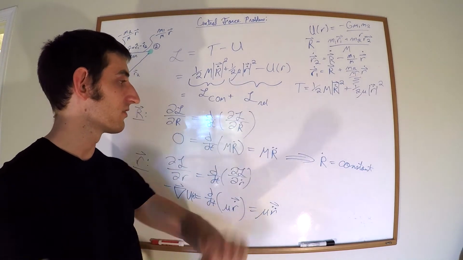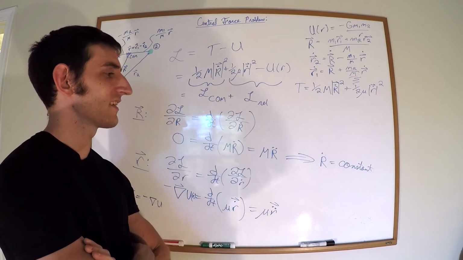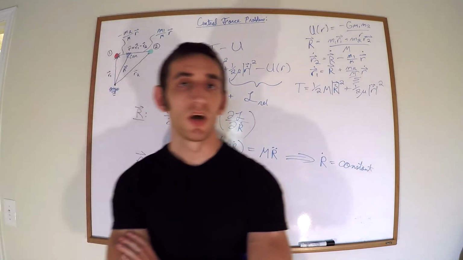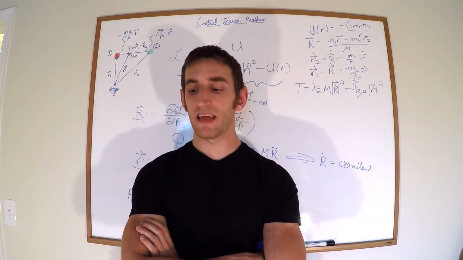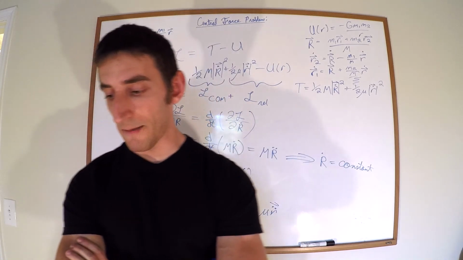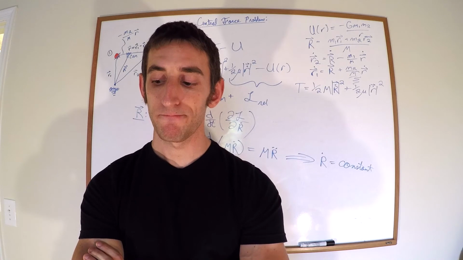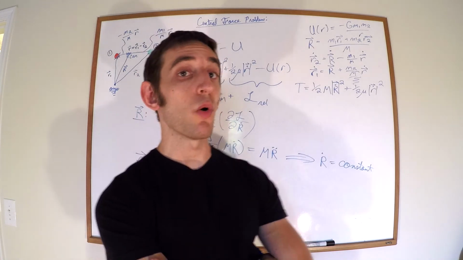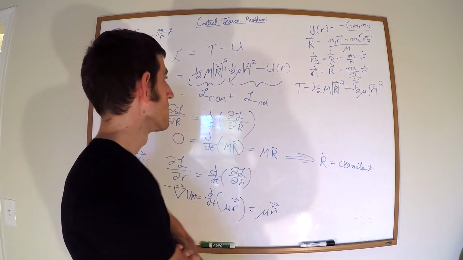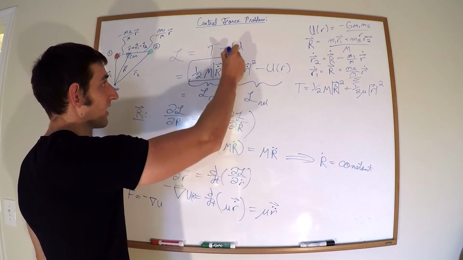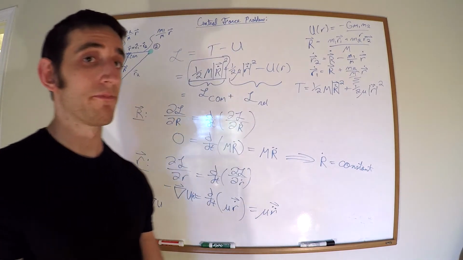Now, going back to this, if r dot is a constant, what can we say? Think about that for a minute. In essence, what we can say is this guy is constant.